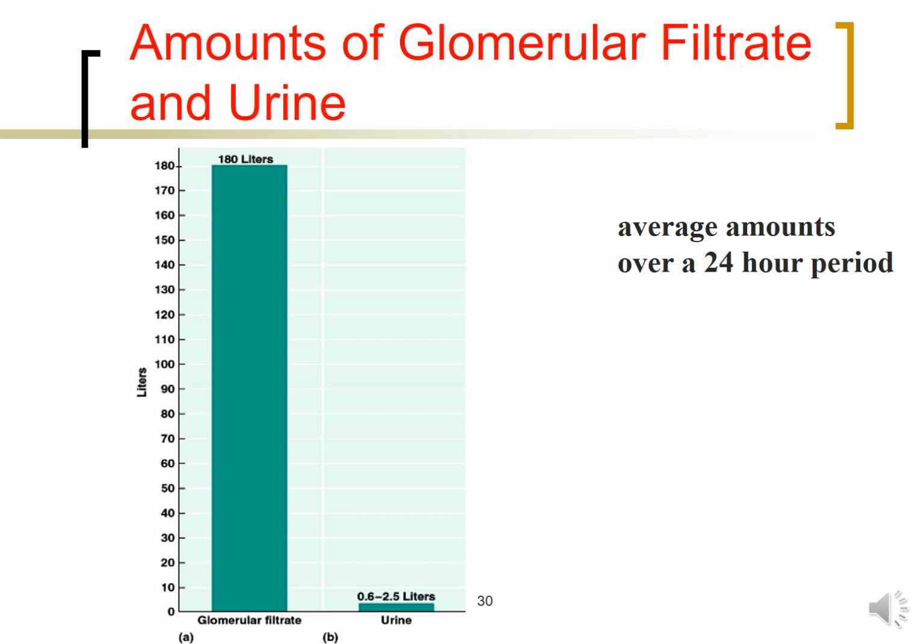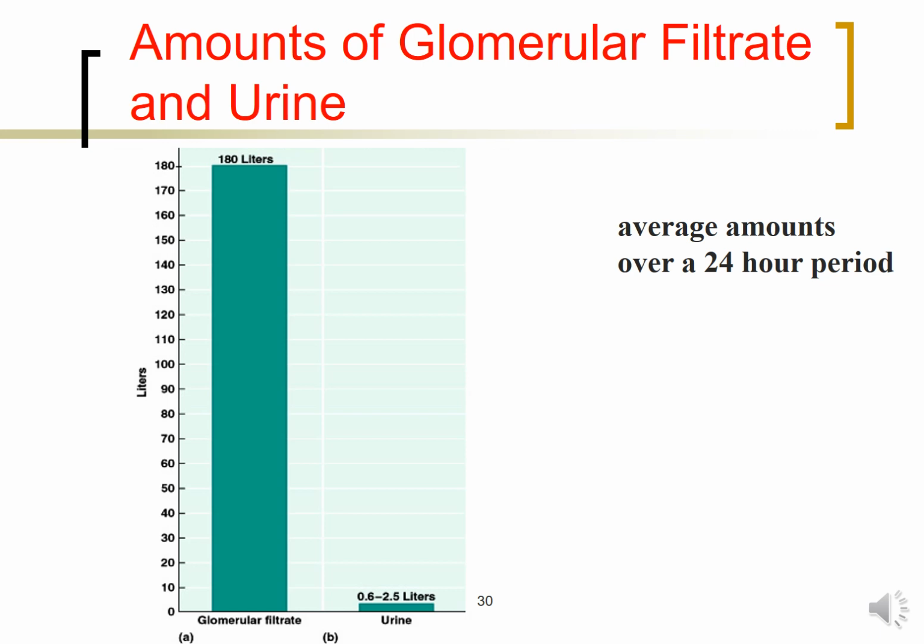This diagram demonstrates that average urine volume is between 0.6 and 2.5 liters a day. This depends on how much water you drank, whether you consumed foods rich in water, like fruit that has a lot of natural water in it, what the environmental conditions are like, whether you've been hot and sweating, and your level of physical exertion.